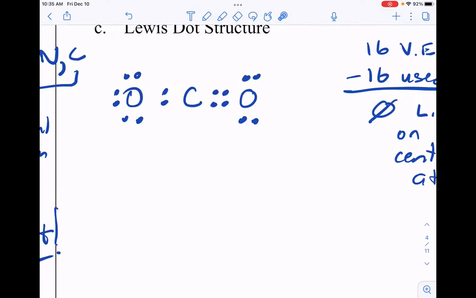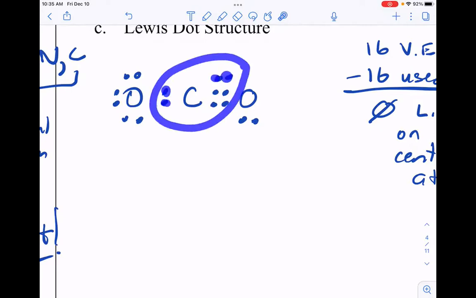So I'm almost there. Now you might ask yourself, wouldn't I get 8 if I were to take this lone pair and transfer it to carbon? Yes, you would. If you circle around it, you have 1, 2, 3, 4, 5, 6, 7, 8.